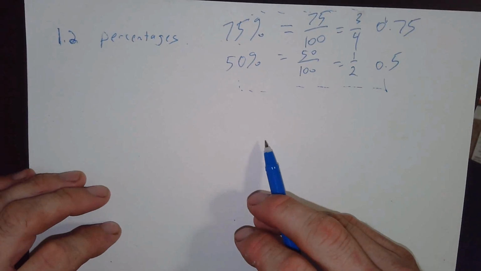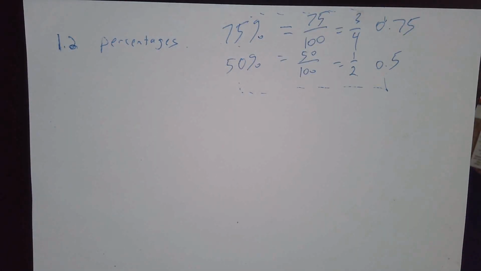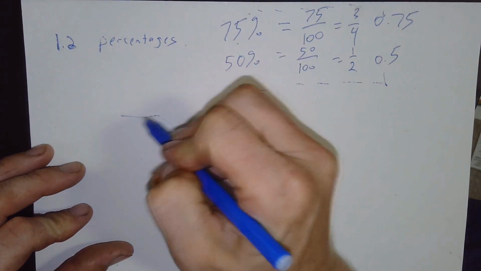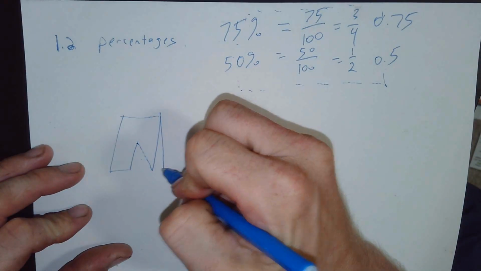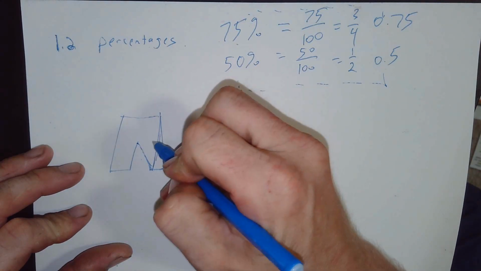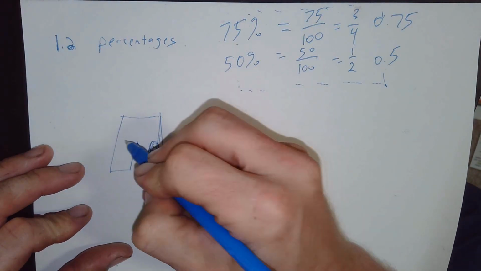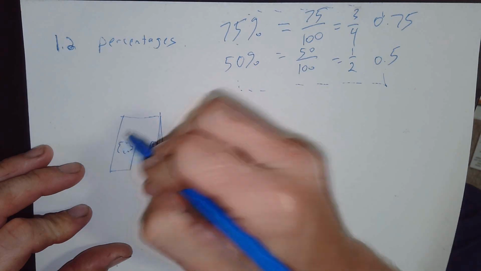All right, so how can you easily use this type of stuff to figure things out quickly? Say I got a pair of jeans. I'm going to draw my pair of jeans. That's a real bad pair of jeans. Let me round off this bottom here. These are designer jeans, so they got holes in the knees.